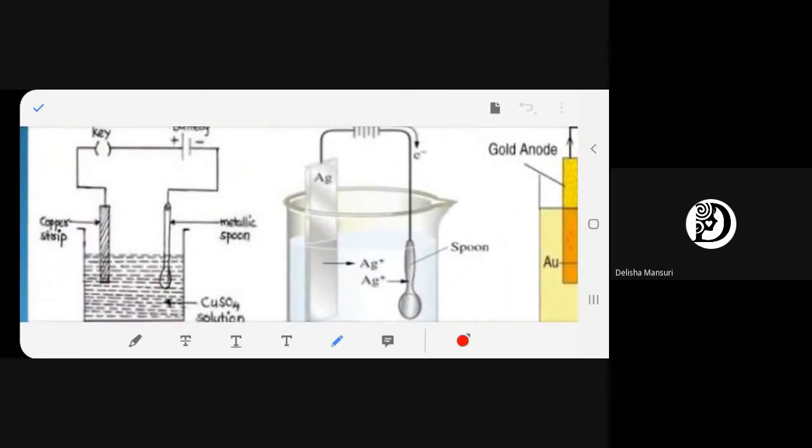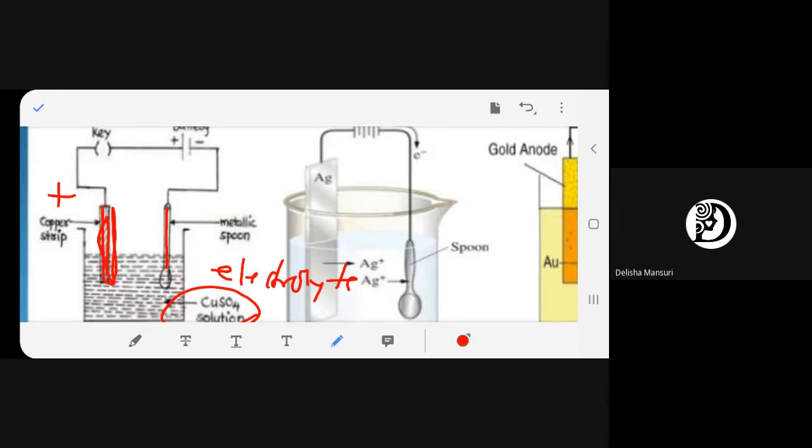Now this is a metallic spoon. They have taken a metallic spoon over here. And this is the copper sulfate solution, which is the electrolyte. Copper sulfate solution is the electrolyte. We have also taken the copper strip. Now if I take the copper strip, then this is plus. You agree? So it is the anode. Yes or no?